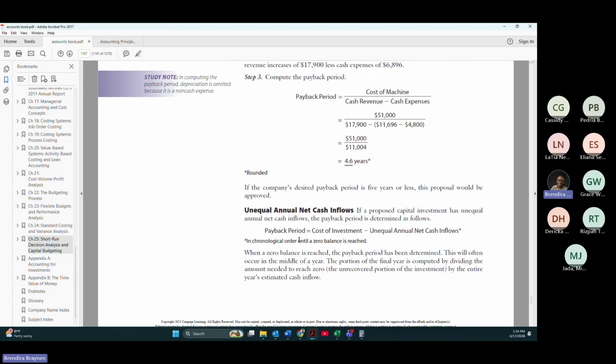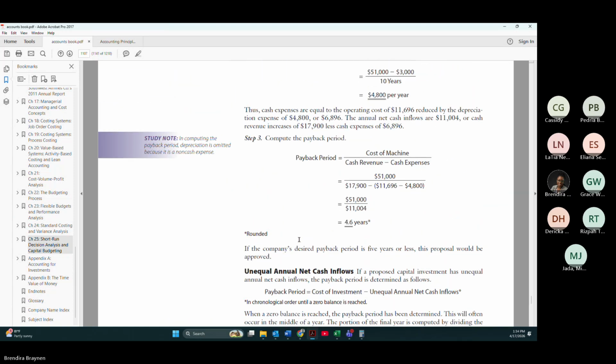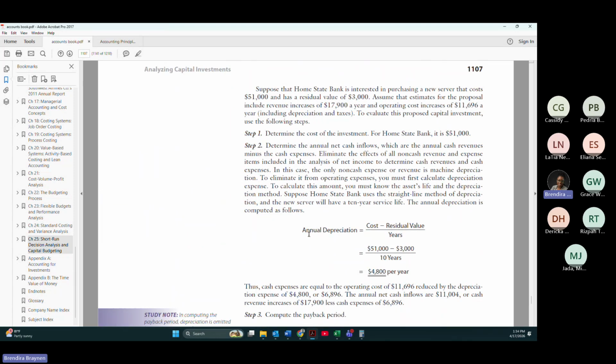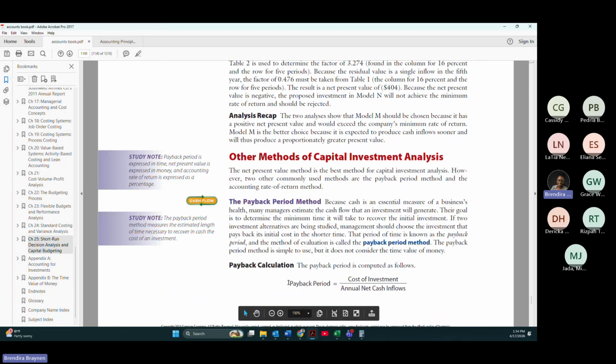For the payback method, there's a formula here. There's two ways to do it based on, of course, if something is the same every time. So if a number is the same every time, or if it's uneven, we treat it differently. If it's the same every time, we take the cost of the investment divided by the annual net cash inflows.